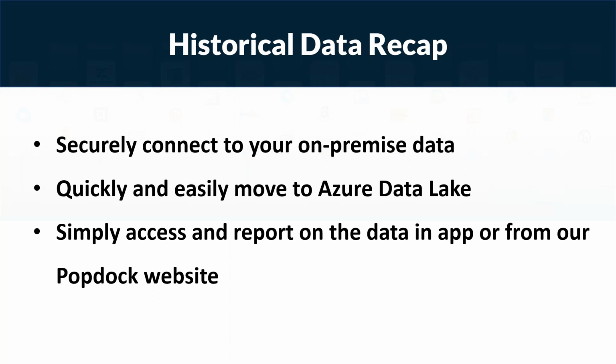I know I just gave you a quick recap, but if you go to our website, popdoc.com, go to our knowledge base and search for data lake upload, you're going to find a link to detailed instructions from soup to nuts on how to get your data up to the data lake. You'll also find information on how to create those widgets that I showed you, and how to get them embedded inside of Business Central.